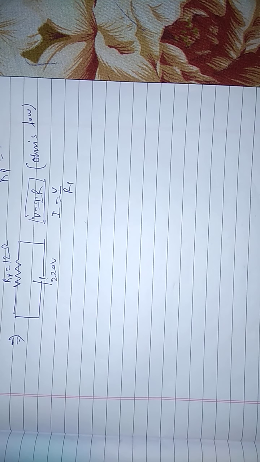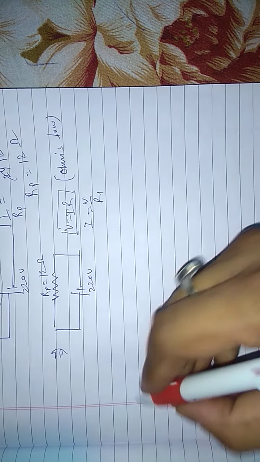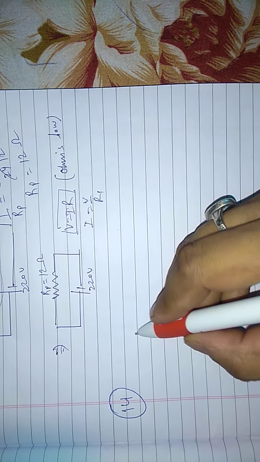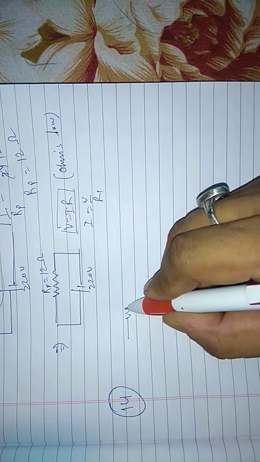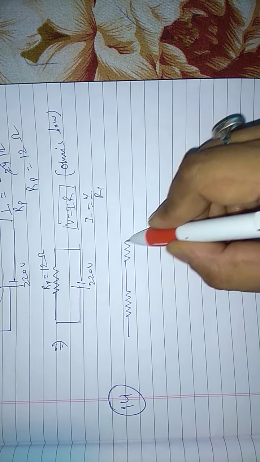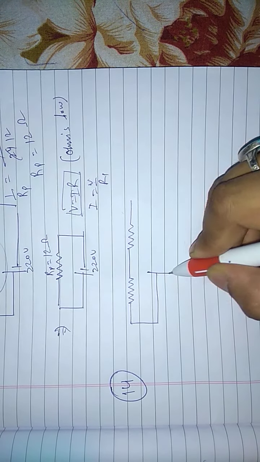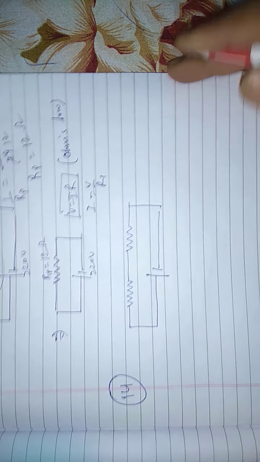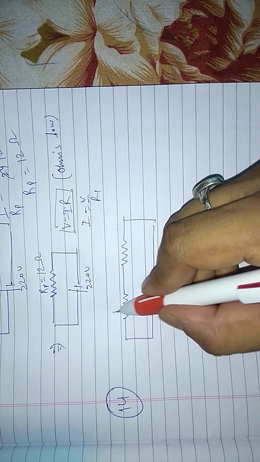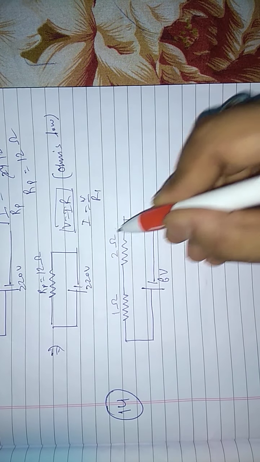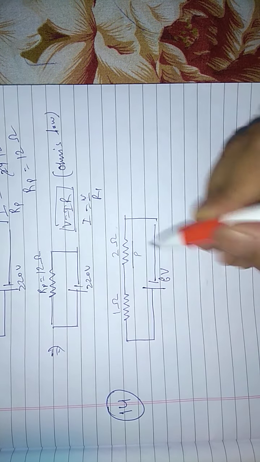Okay, now draw the diagram. We have a 6 volt battery and 2 resistances, 1 and 2 ohm, in series. We have to find the power in this.